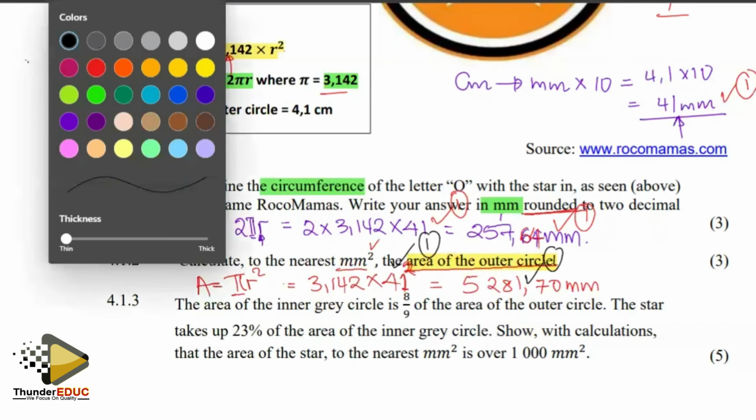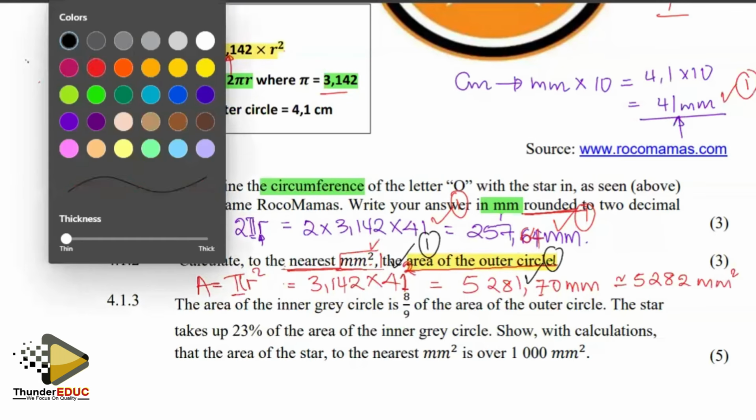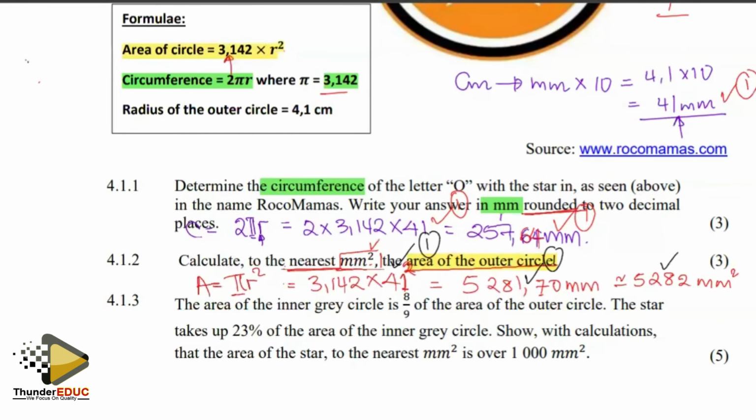The final answer here is supposed to be, because they said to the nearest millimeter squared, I forgot it. This simply means to the whole number. So to the nearest is 5,280. Now this is 7, making it 82 millimeters squared. That's how the other mark was got. So you rounded off.